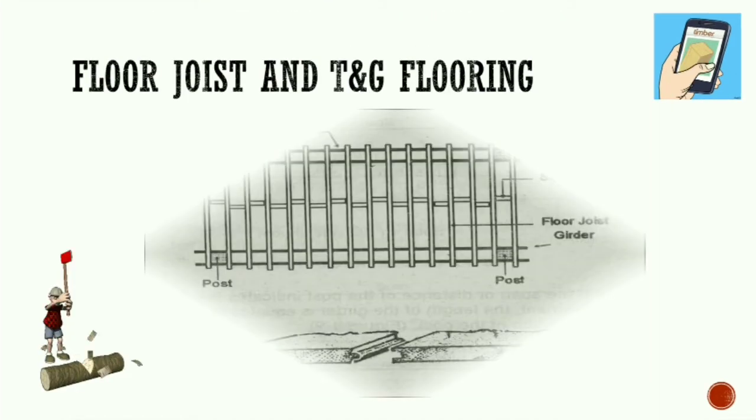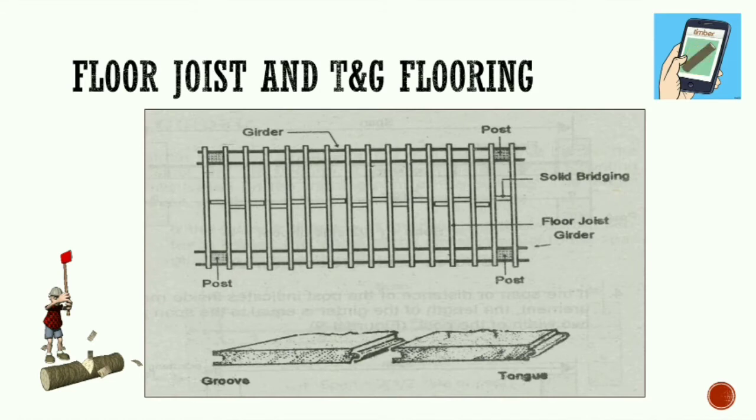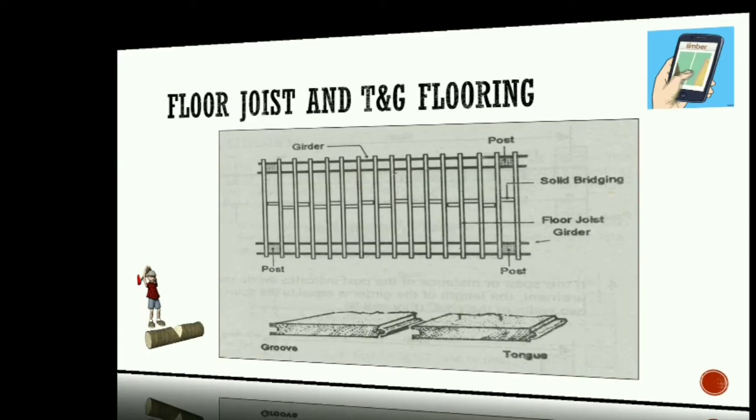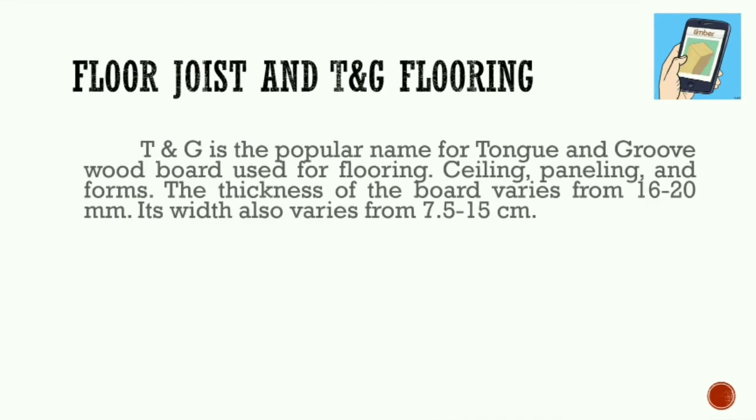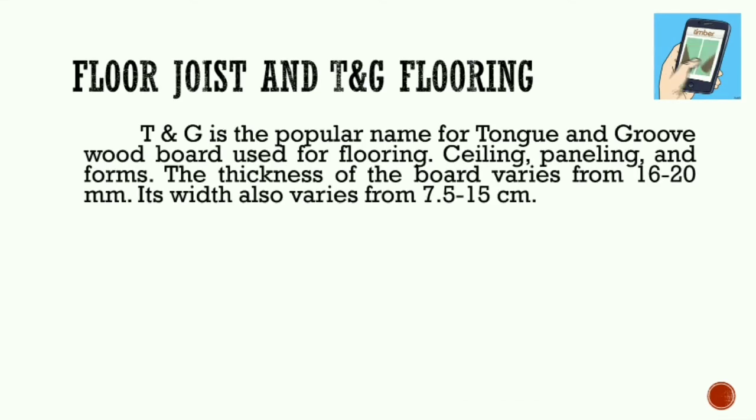For floor joist and TG flooring. TG means the tongue and groove respectively. TG is a popular name for tongue and groove wood board used for flooring, ceiling, paneling, and forms.